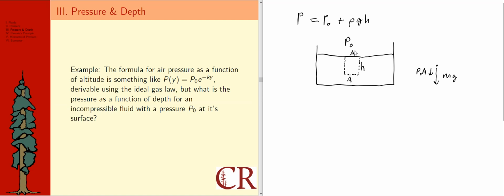And then the force that really balances against these two is the upward pressure force corresponding to the pressure here at the bottom. And that force would have a magnitude of the pressure there, P, multiplied by A. So force balance, one way to look at this is I could say if F net is equal to 0, then the upward force minus the two downward forces should be equal to 0.